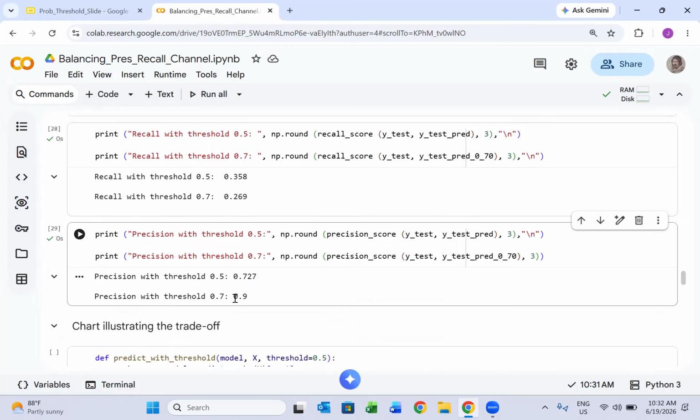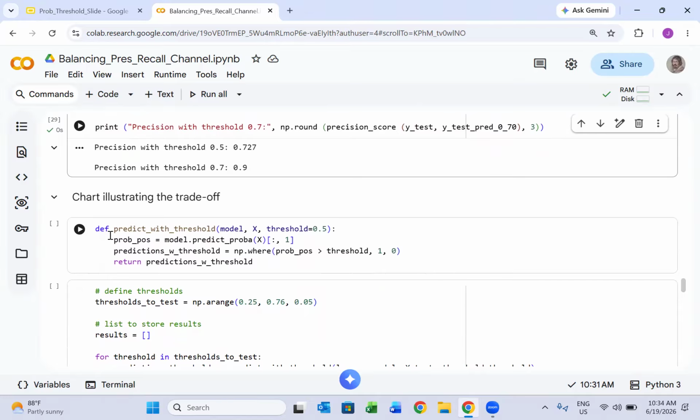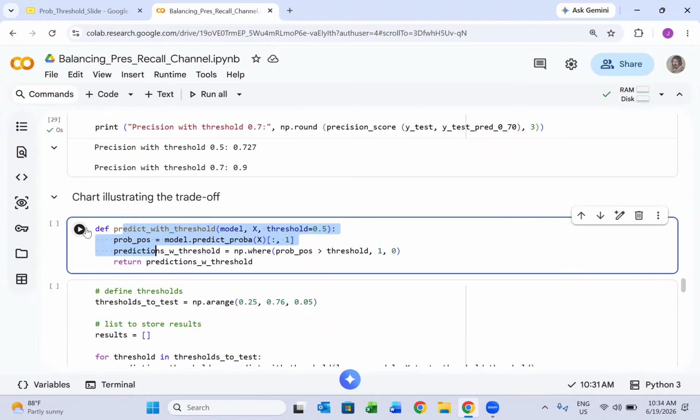Now I'm going to do a chart illustrating that trade-off in a clearer way, because in this chart we're going to be able to see the values of precision and recall not only for two thresholds but for many different thresholds. So let's go ahead and do that chart. Before doing the chart, I actually wrote a function, so let me run that code cell.